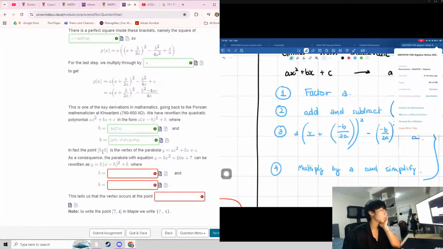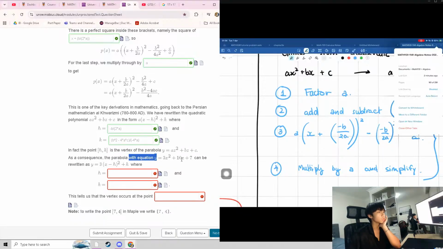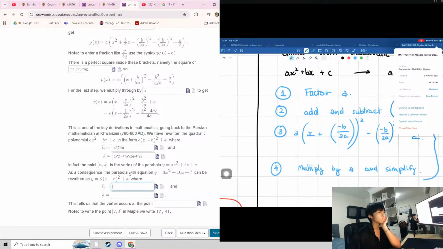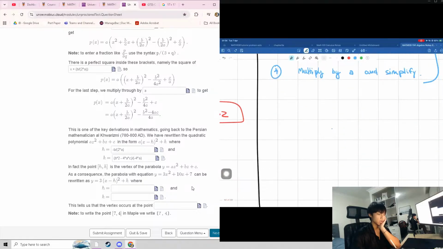In fact, h k is the vertex of the parabola. As a consequence, the parabola with the equation can be rewritten as that, where h is, really want me to find it, minus... this is a fun refresher.